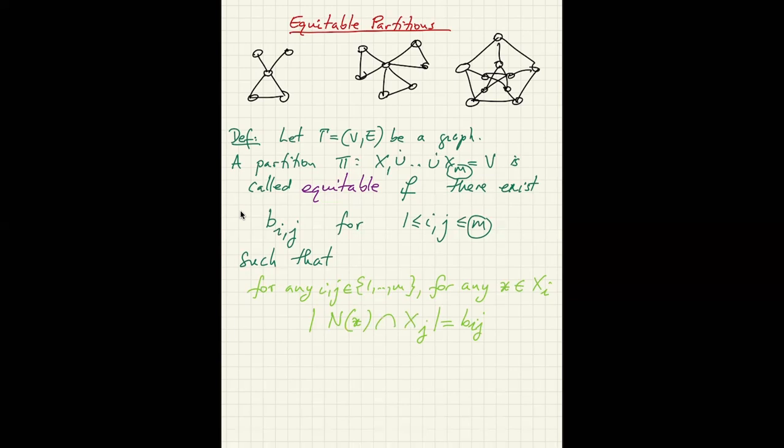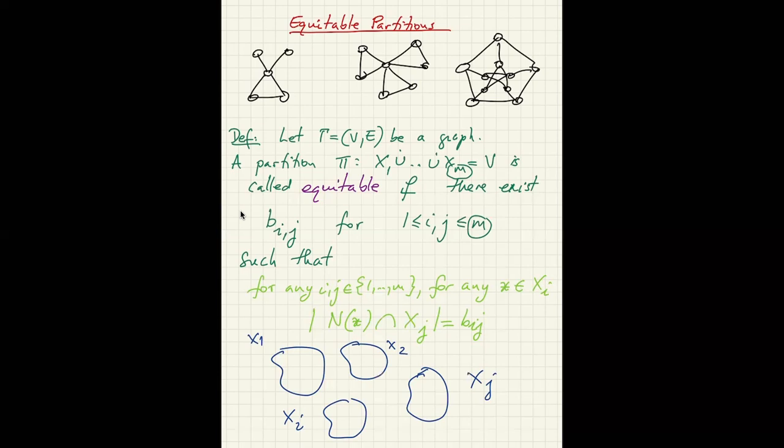In this graph, we have this partition, these subsets of vertices. So you have X1 somewhere, X2 somewhere, and so you will have Xi somewhere and Xj somewhere. Xi and Xj could be the same, but for now, let's just think about them this way. The condition says that you have these numbers that do not depend on the vertex x.